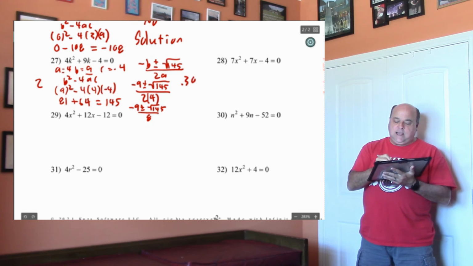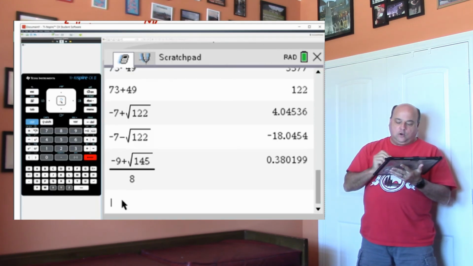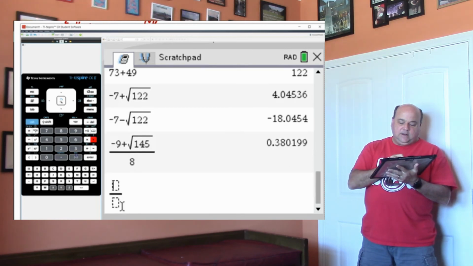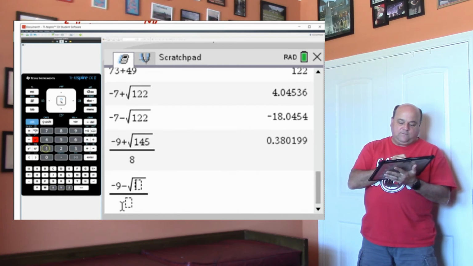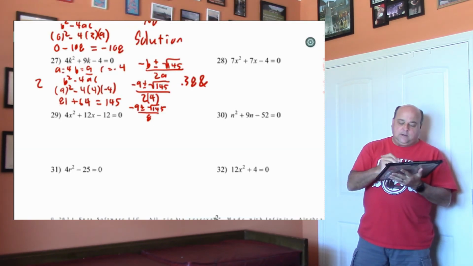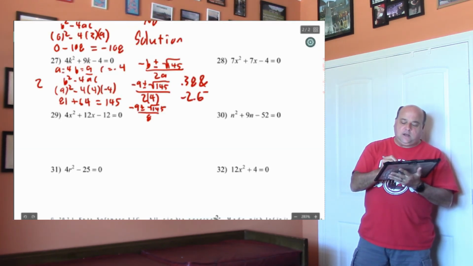So 0.38, and go back, hit control divide. Negative 9 minus control x squared, 145. Hit the down button, 8. Now that we're doing one with add, one with subtract, I get negative 2.63. So negative 2.63. That's my other root, or my other zero.